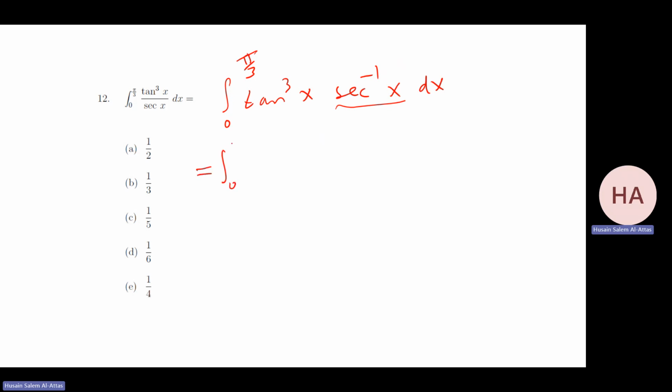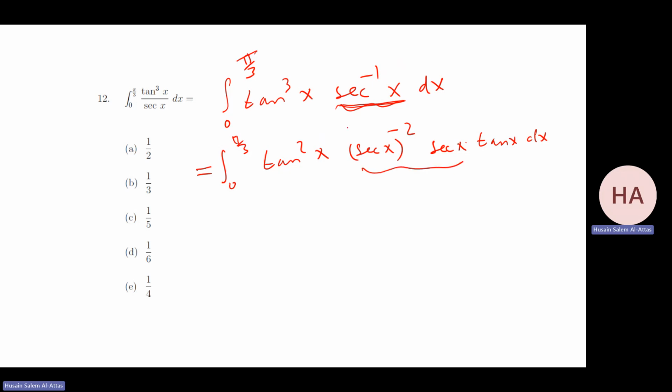So that gives me the integral from 0 to pi over 3 of tan squared x. I need to have secant x tan x, but I have secant to the power minus 1, so I have secant x to the power minus 2.